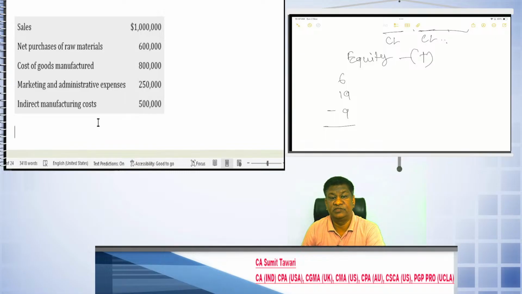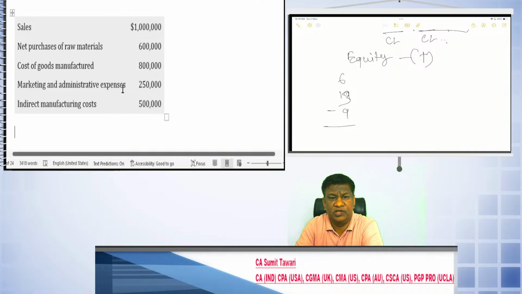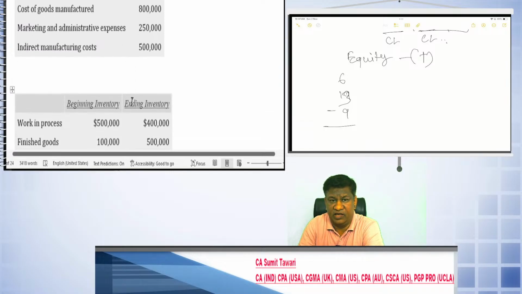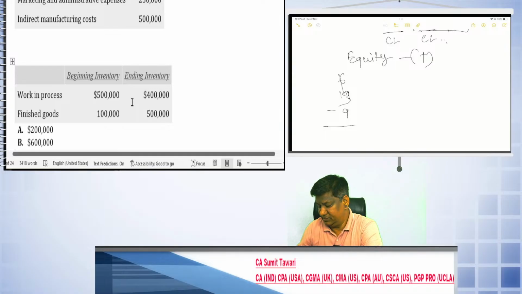Cost of goods manufactured is 8 lakh. What you take is 8 lakh cost of goods manufactured, and the finished goods beginning inventory and ending inventory.